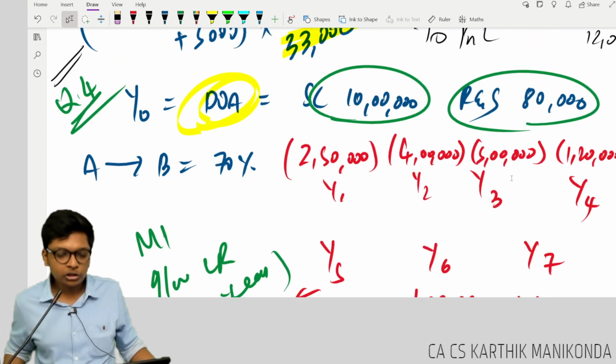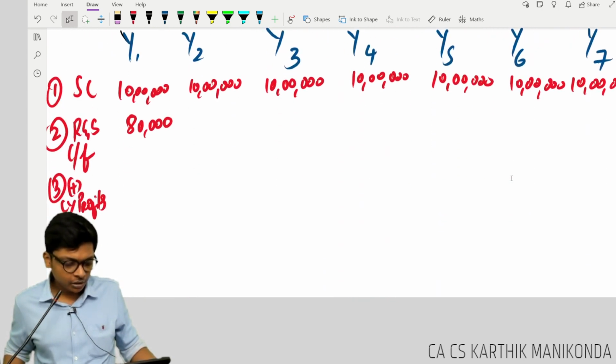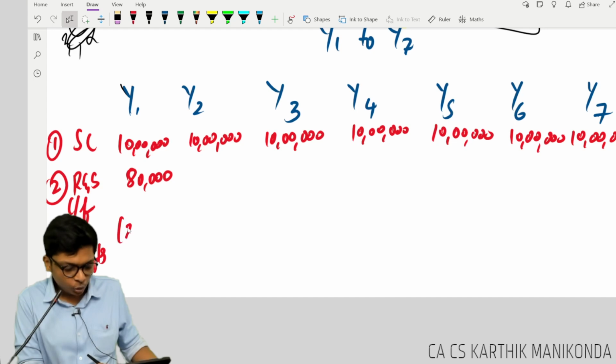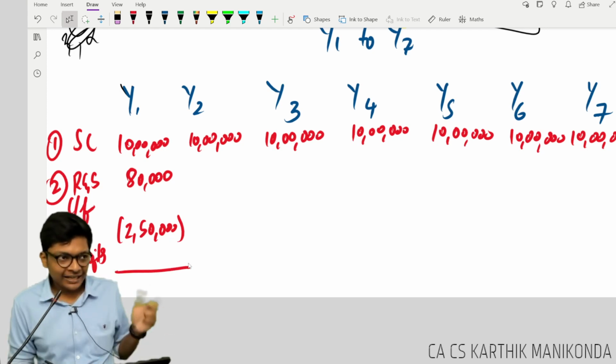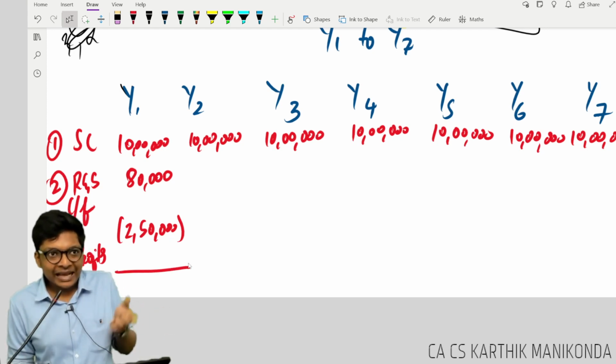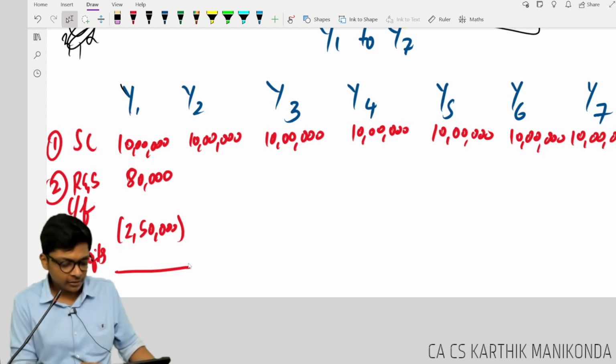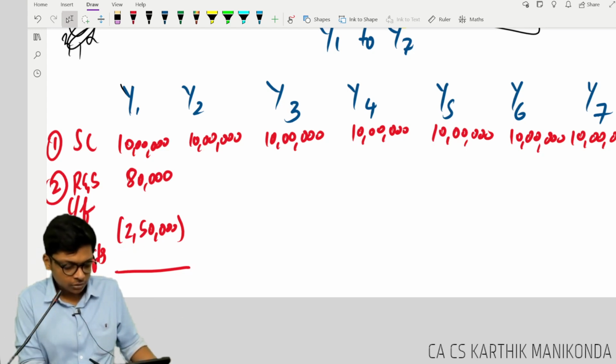We have a loss of 2,50,000. So I will write 2,50,000 loss. Are you following, guys? So what is the net value which is available as net assets or shareholders' funds? We will write it as net assets or shareholders' funds. How much is left, guys?